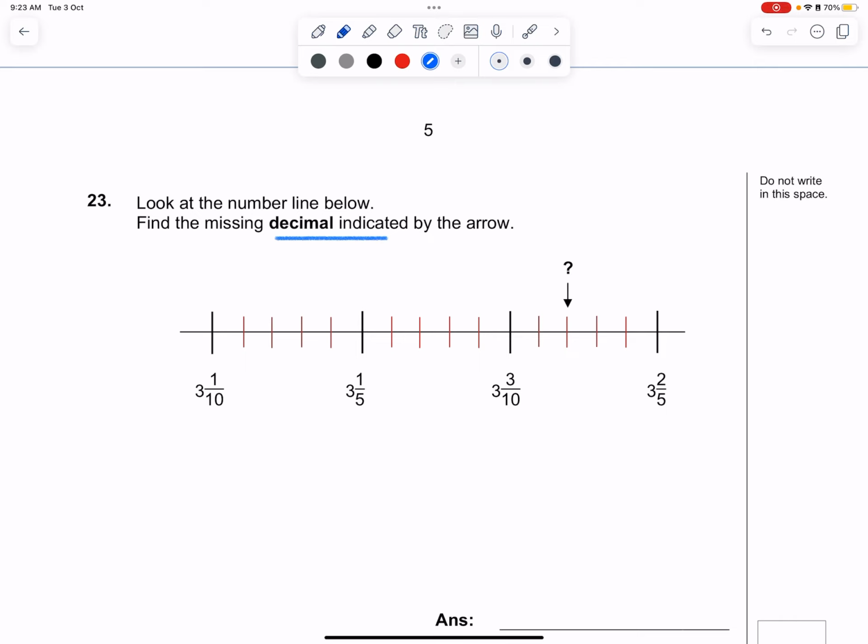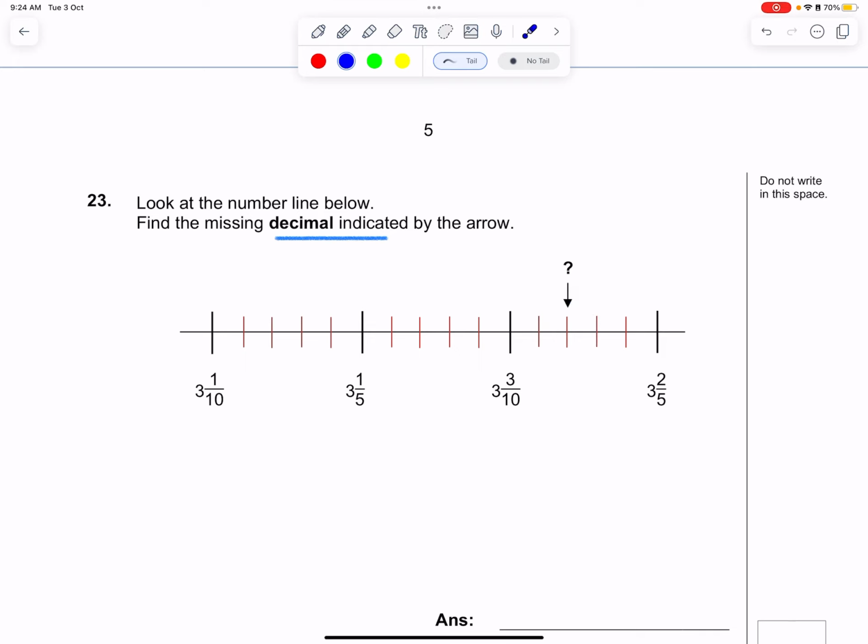They do not want you to give any other answers. So they want to know what this decimal over here is. What you can do is first find out what this is in terms of your fraction.